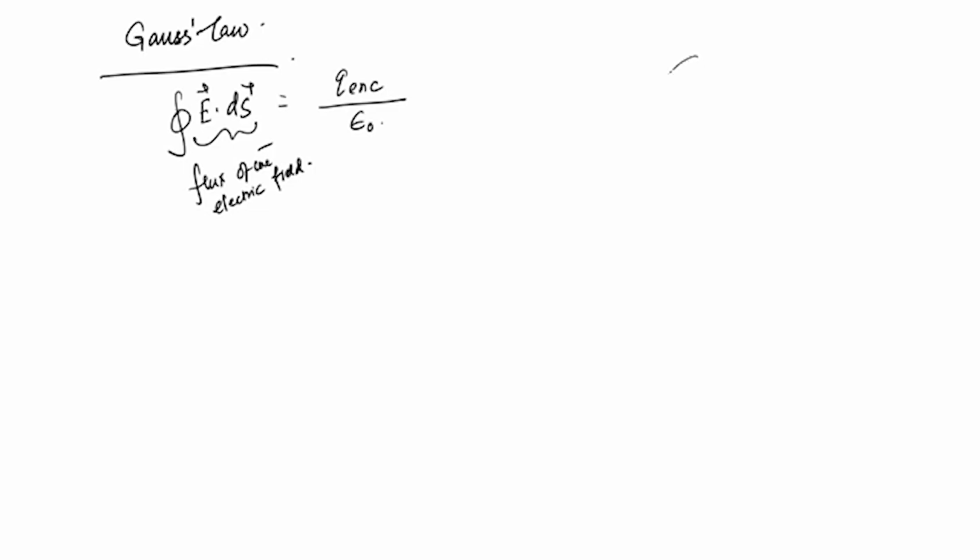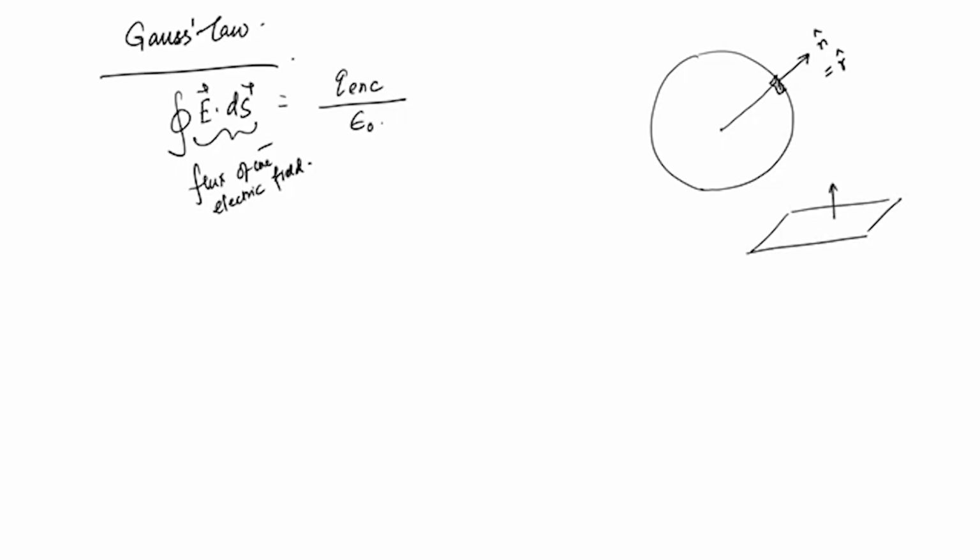So suppose we talk about a sphere and want to calculate the n cap. The n cap is in this direction; there is an element of surface, say ds, and the direction is the unit drawn normal. For a sphere, this becomes the same as r cap, which is the radial vector. But say you take a flat sheet and you want to calculate ds, that is the outward drawn normal.